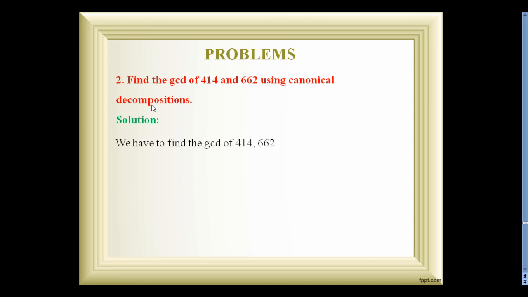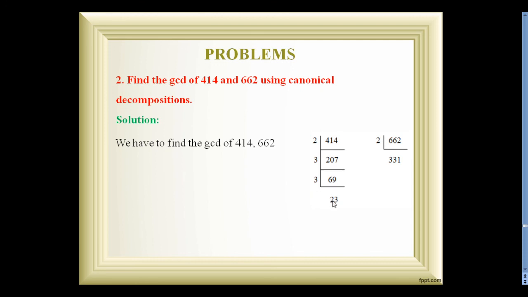So here we have to find the GCD of 414, 662. Now we will find the factors. 414, 2 times 207 is 414. Then 207 is an odd number, so we cannot take 2. Now you can divide by 3. So 3 times 69 is 207.